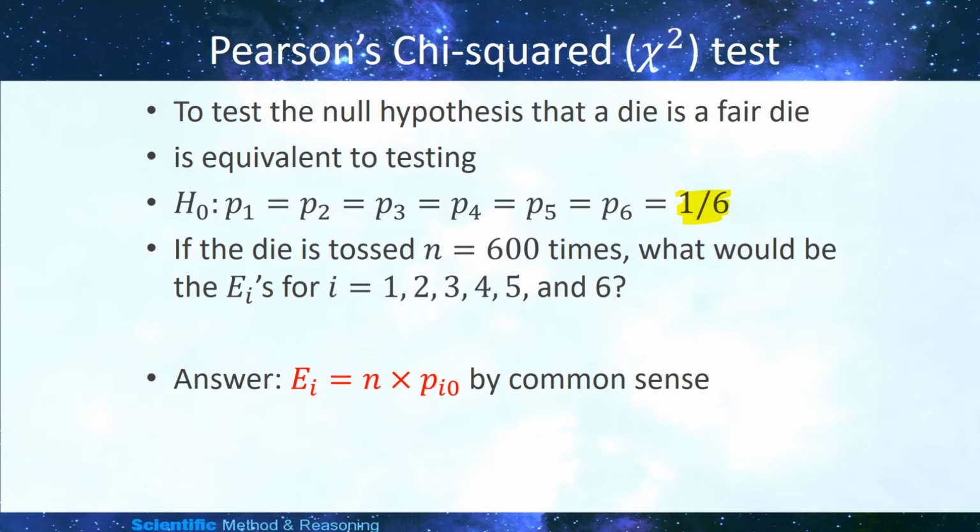Because the expected frequency of the ith cell is simply n, which is 600, multiplied by the hypothesized proportions under the null hypothesis, by common sense. So each of the Ei would be simply 100 in this particular example.